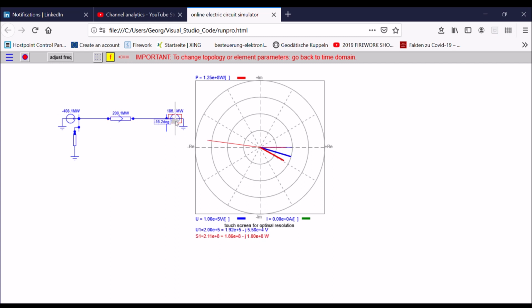So this is already a little power flow analysis, what we are doing now here. And I will show you how you do that really for more complex systems right afterwards. But you can see here what happens in the system.